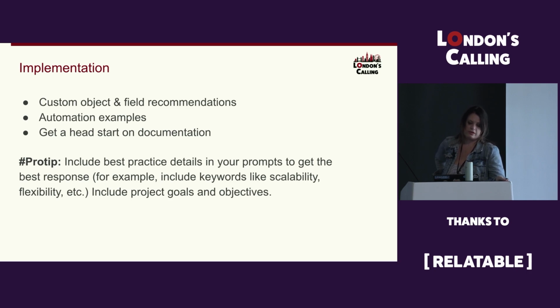Where do I want to think about custom objects and fields, some automation, whether that's examples of automation that maybe will help me, or leveraging AI to help me understand automation best practices, and also getting a head start on documentation.